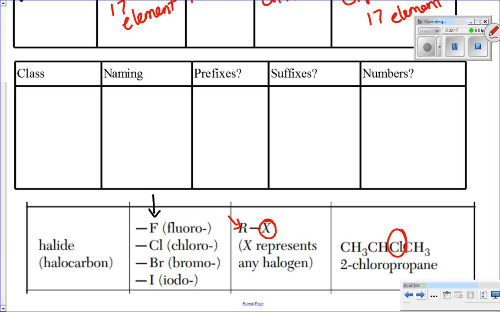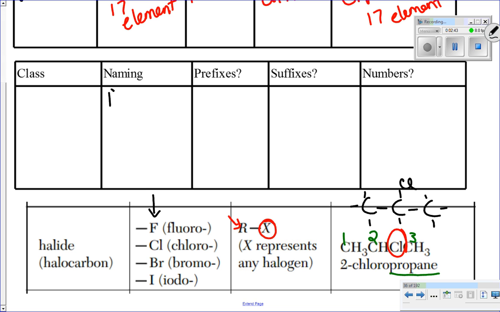What you'll notice from this example is that there's 1, 2, 3 carbons. This molecule is actually 1, 2, 3 carbons in a row, and off the middle carbon is a chlorine. Now that you can see this drawn out, you can really see that there's a propane chain to it. We're just using our Table P prefix prop, meaning 3.